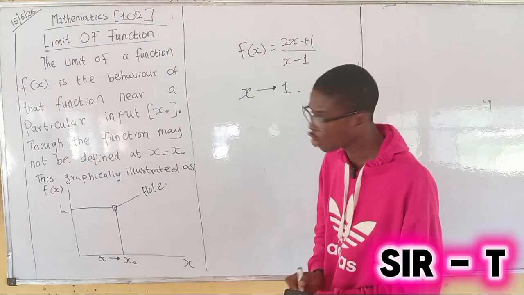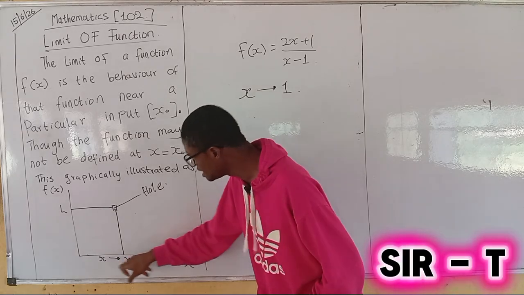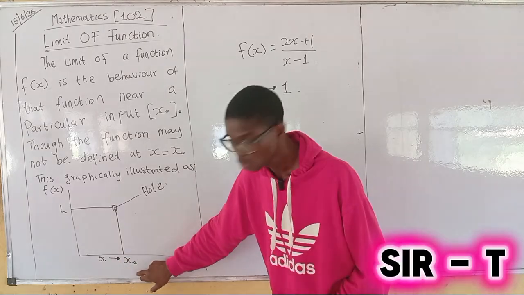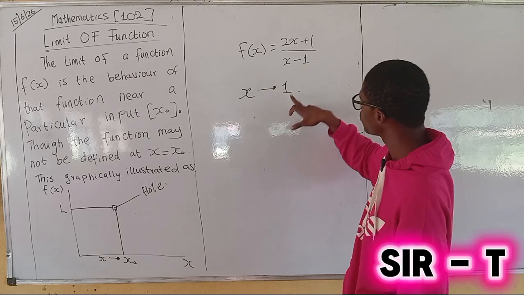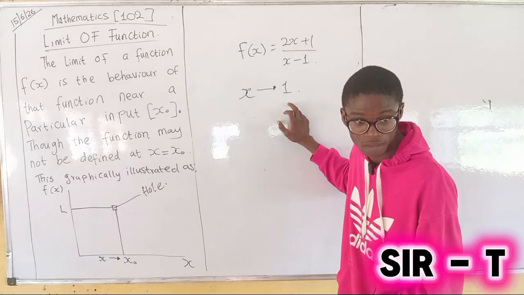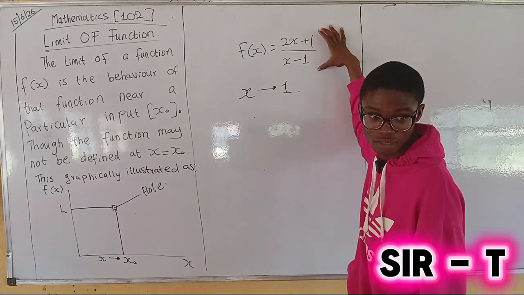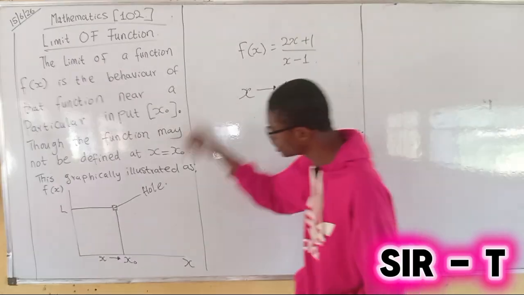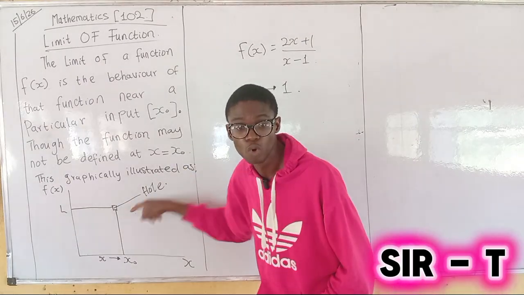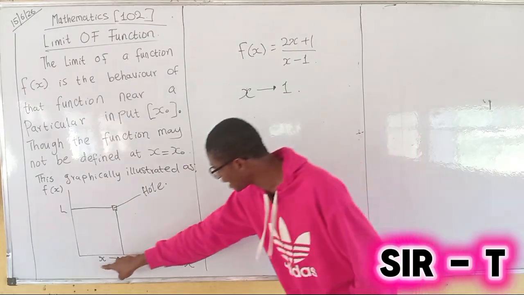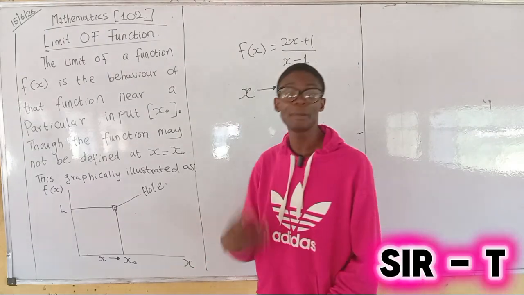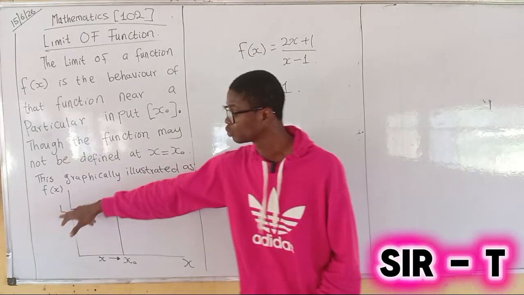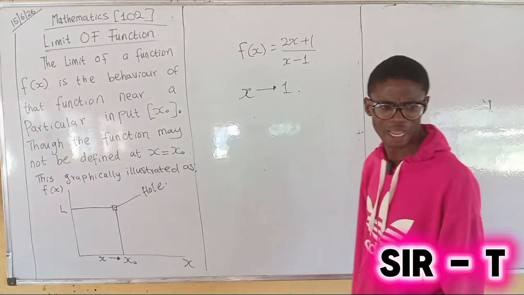That hole occurs when x is equal to x naught. So once I take x as exactly equal to x naught, which in our case is 1, you will get undefined, and that undefined is represented by this hole. But if I take x to be approaching x naught, you will get a particular answer, and that answer is what we call L.